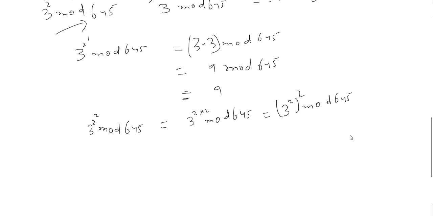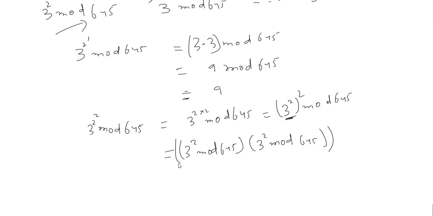Now, using the same corollary, 3 with the power of 2 mod 645, if you expand this using that corollary, this will be equal to this times this, and then the whole thing will have mod 645 at the end.